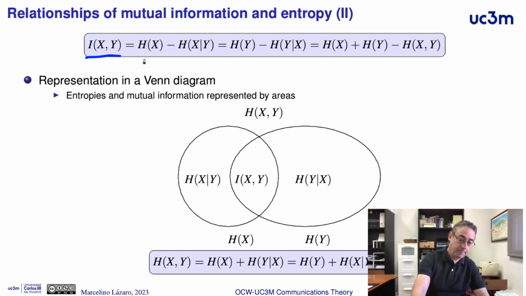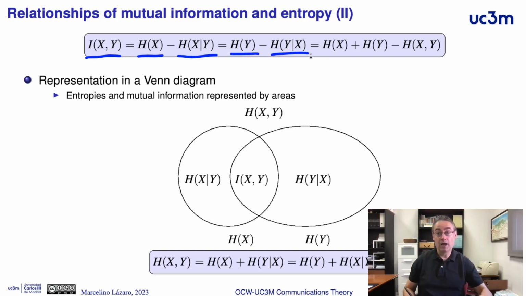For instance, it is equal to the entropy of x minus the entropy of x given y, or the entropy of y minus the entropy of y given x. It is also possible to obtain the mutual information by adding the individual entropies of the two random variables, entropy of x plus entropy of y, minus the joint entropy between these two random variables.